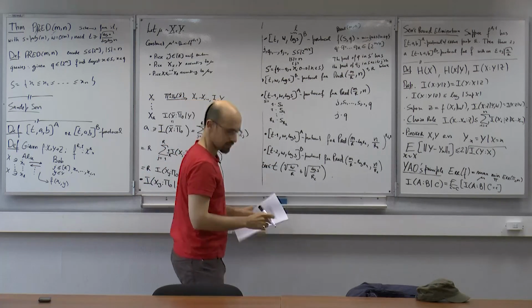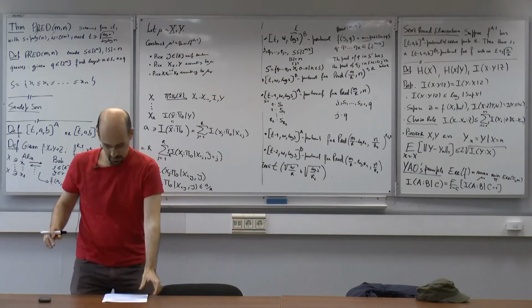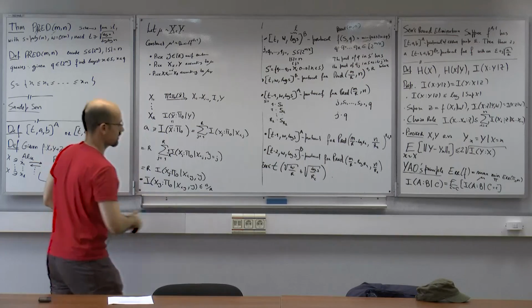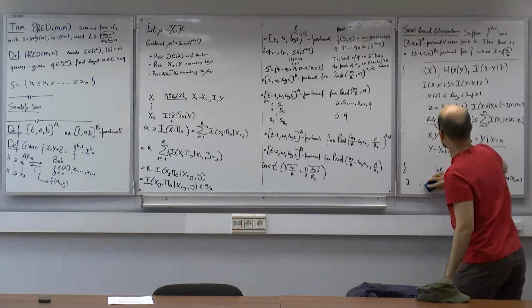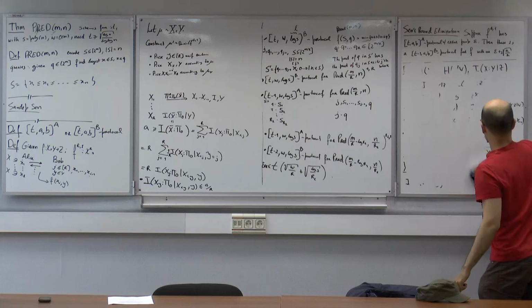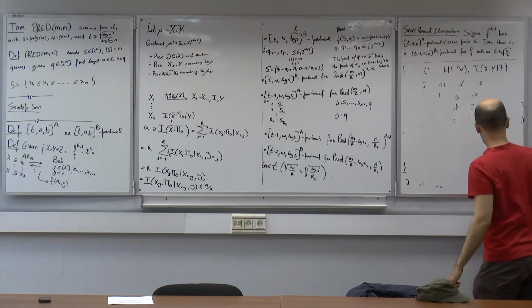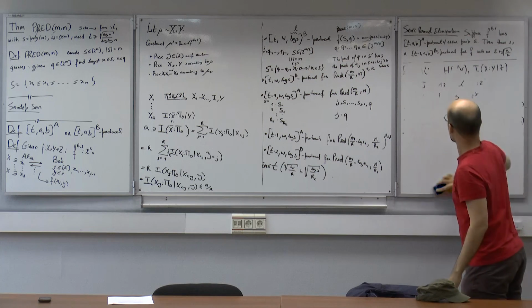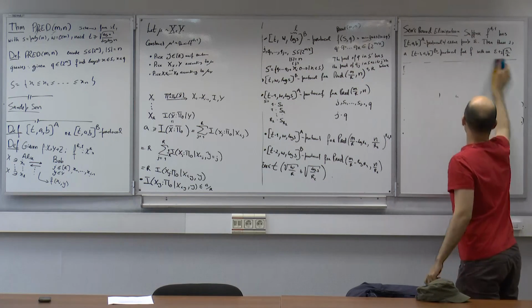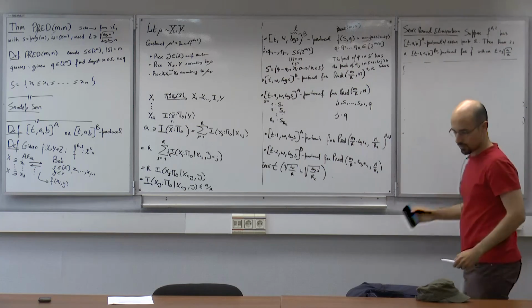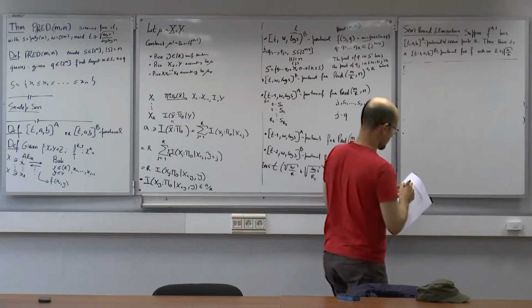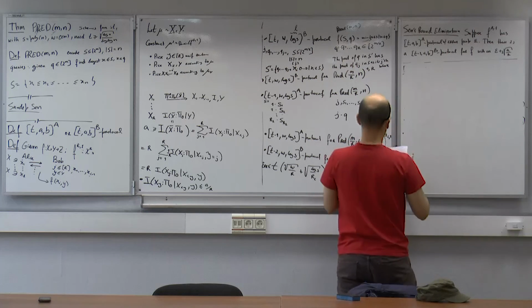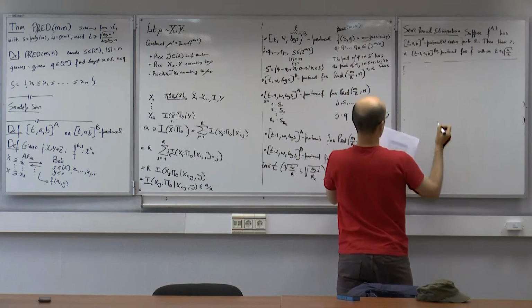Now it's a terrible calculation, and I don't want to do it, but it's in the notes, and I've done it. But I'll tell you what you need to choose in order to make sure that it works. You're aiming for a contradiction.